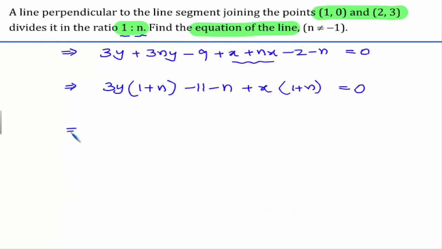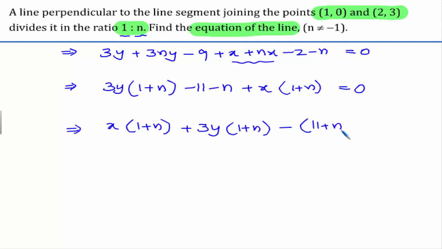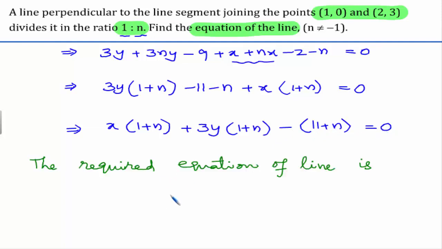So this can be written as x into (1 plus n) plus 3y into (1 plus n) minus (11 plus n) is equal to 0. So the required equation of the line is x into (1 plus n) plus 3y into (1 plus n) minus (11 plus n) is equal to 0.